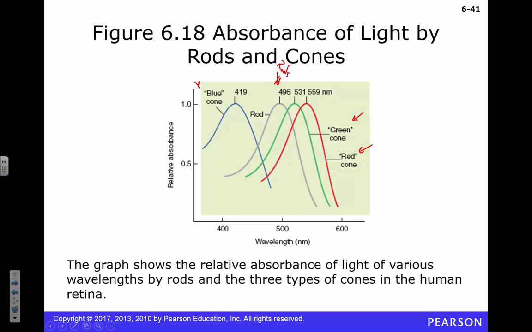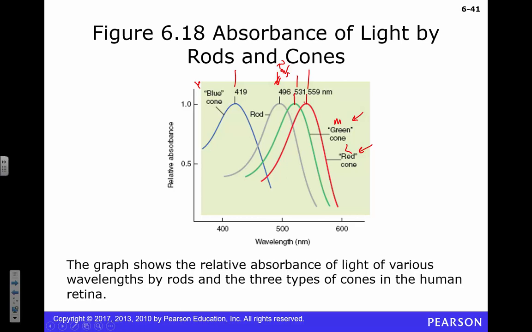This shows you the peak sensitivity for each of those different cone types and the rod. Anybody familiar with color blindness? The most common type of color blindness is red-green, and if you look at this, it's actually pretty easy to see why. If there's any alteration in the structure of your red or your green cones, which we would call medium or long wavelength sensitive cones, you can see how close these peaks are.